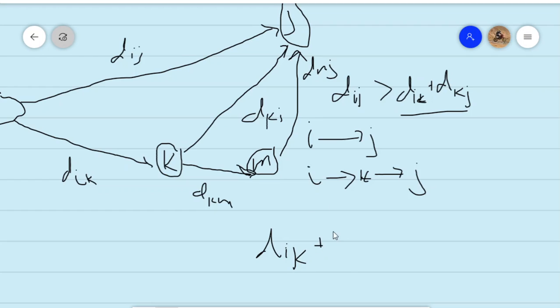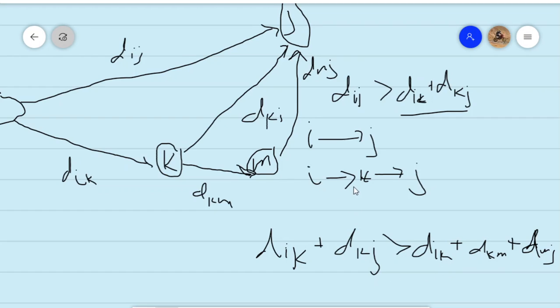plus d sub kj is greater than the sum of these three, d sub ik plus d sub km plus d sub mj, if it can be found that the sum of these three is less than these two, then this distance that was found to be lesser than the direct will be replaced by a more indirect path.